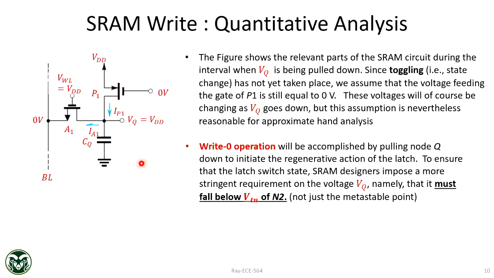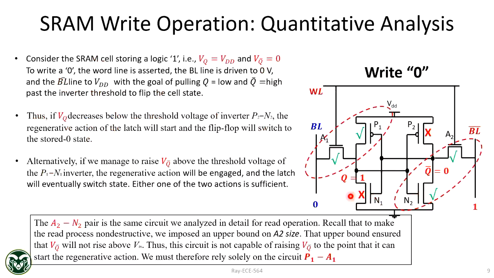So N1 will not be taking part in any current conduction. Because P1 is on, N1 is off. So this is on, and I want to turn off this N2 so that it flips. So N2 will eventually turn off after a period of time defined by the voltage at Q.